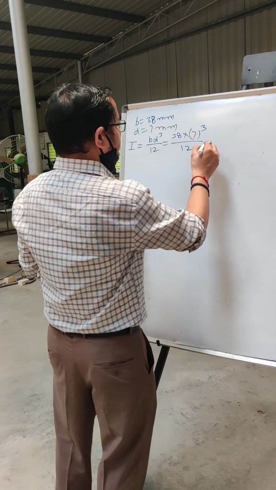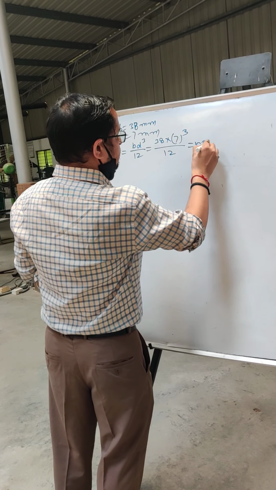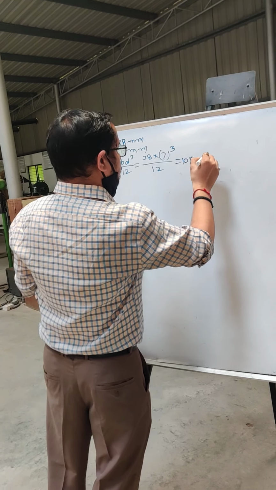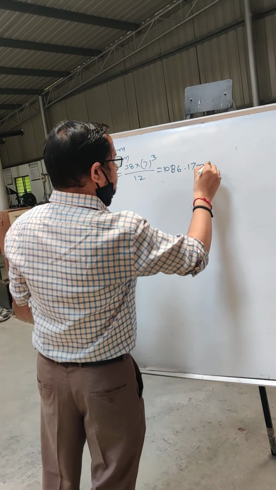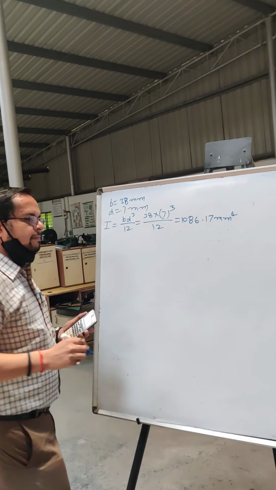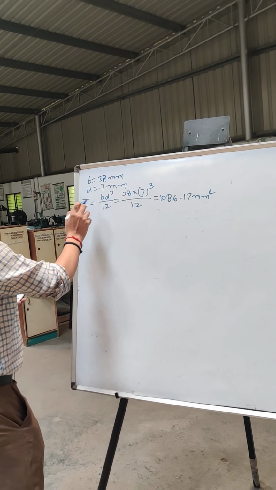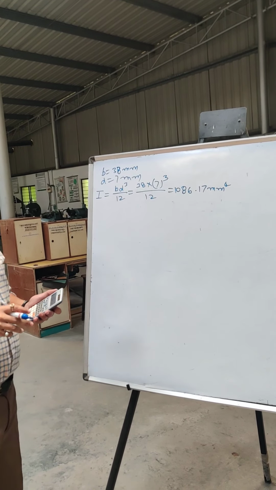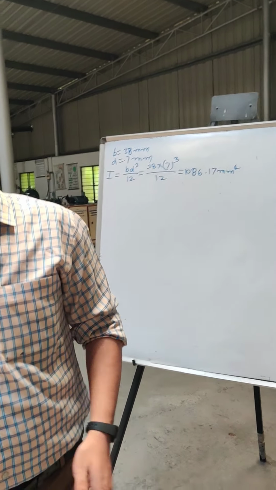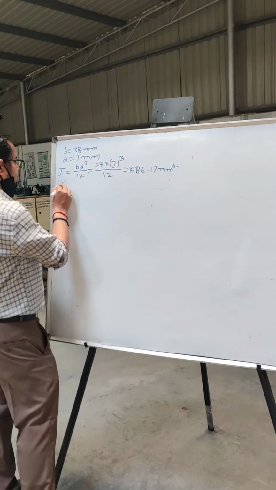That is 1086.17, the moment of inertia. Next, this B and D we have calculated. Next, we are going to conduct this experiment, and we are determining here the Young's modulus E value.